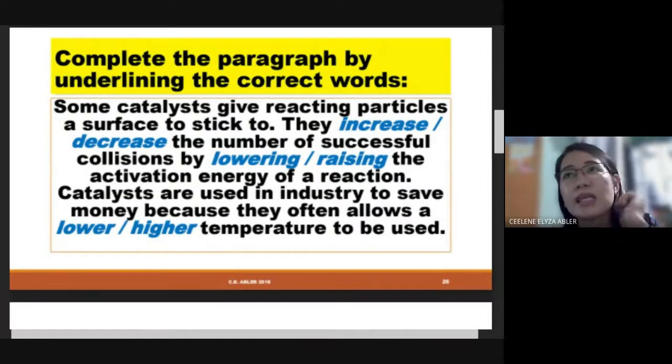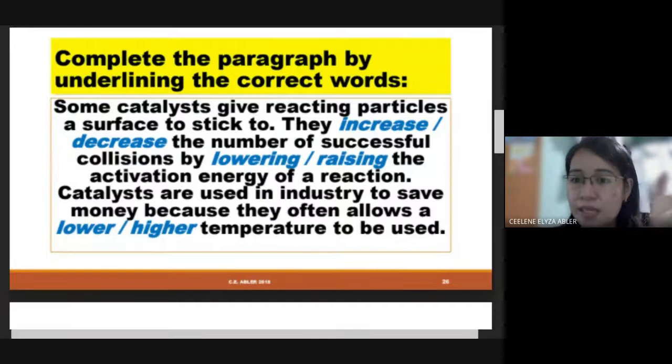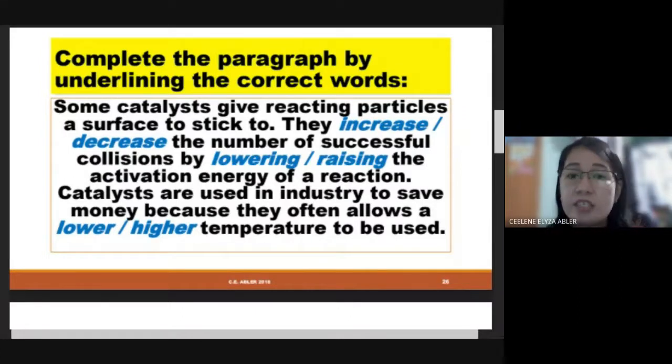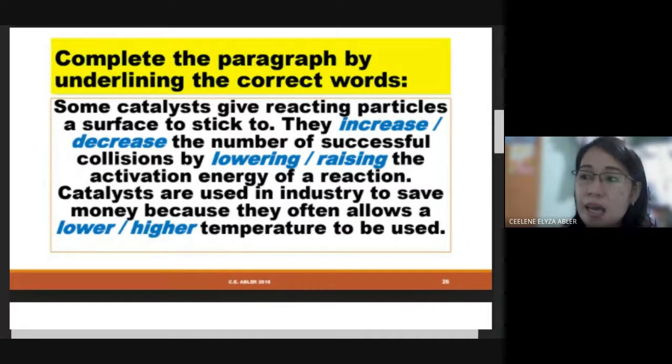Okay, class, why are enzymes important? Enzymes actually lower the activation energy. This means the body does not need to expend too much energy just to make the metabolic processes work. Okay, and faster. The entire process finishes sooner, because of the help of enzymes.